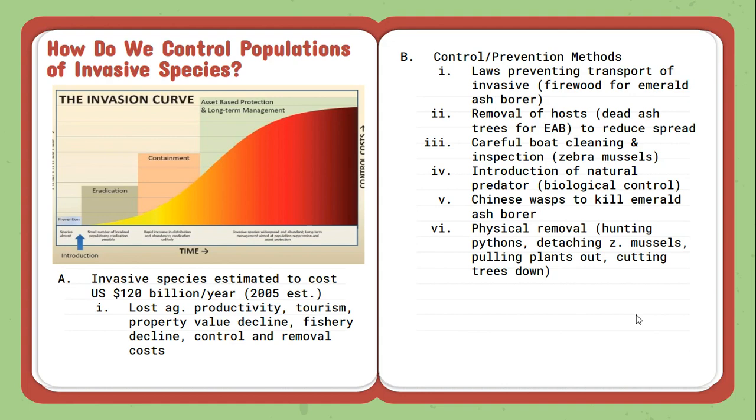We could have better and careful boat cleaning or inspections, right, against zebra mussels. We could even introduce maybe a more biological control, or we can simply have a physical removal. We can have hunting, right, or killing and reporting of whatever invasive species that we may see, similar to the pythons, zebra mussels, and the spotted lanternfly.